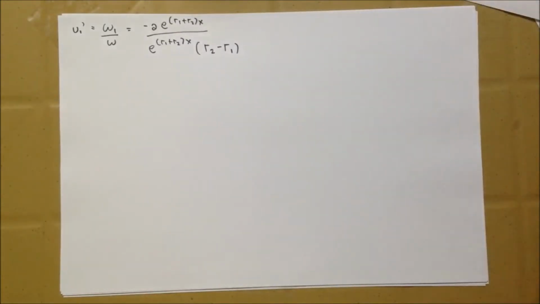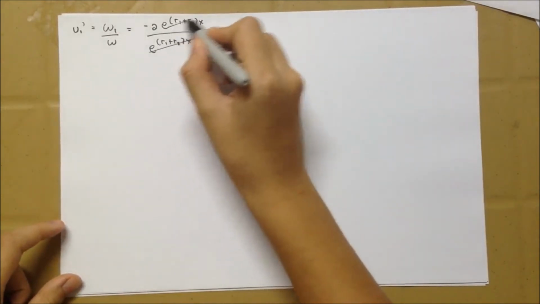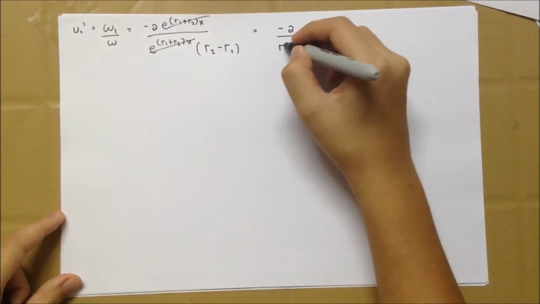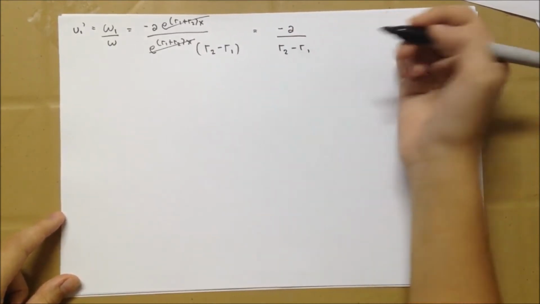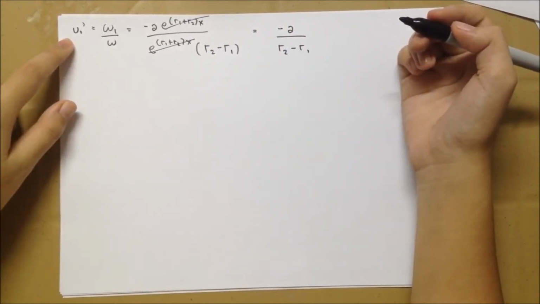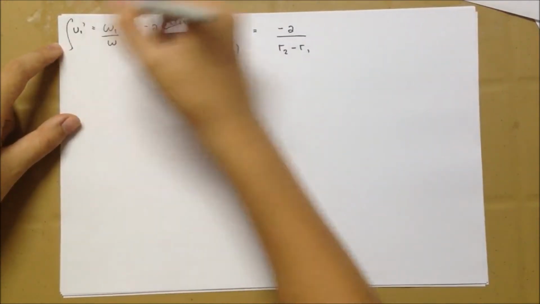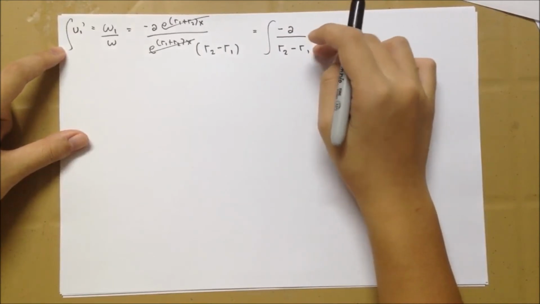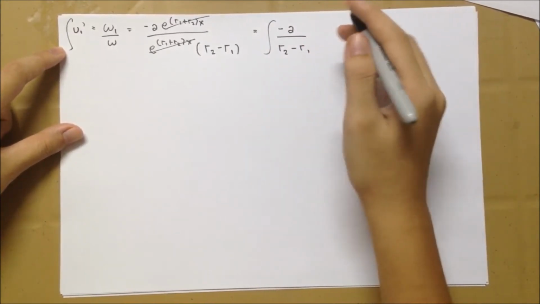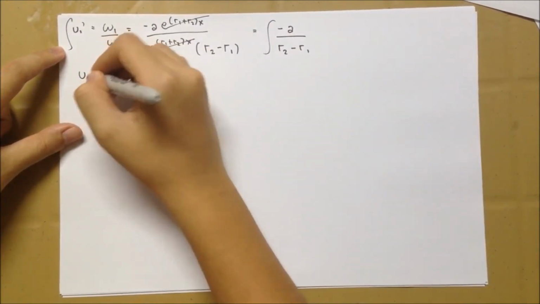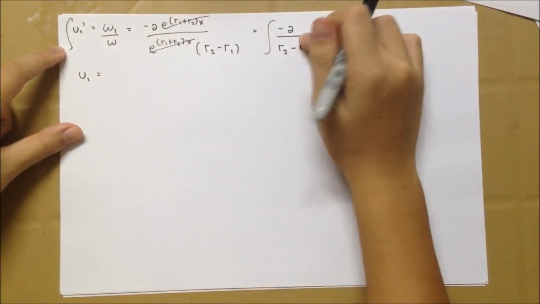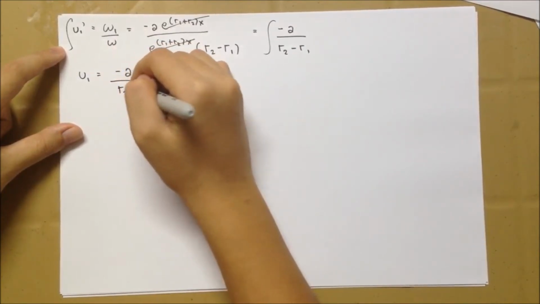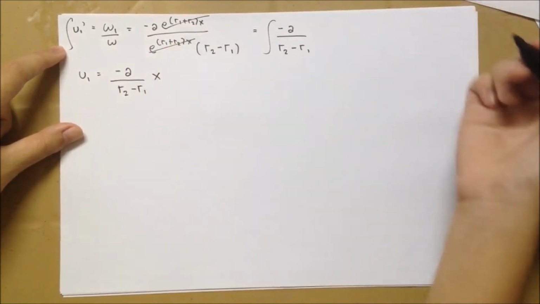From here we can cancel this, so we are left with negative a over r2 minus r1. Now to get u1, we are just going to integrate this. So don't get shocked by this form. This is just a constant. Since this is a constant, u1 is equal to a over r2 minus r1 times x.